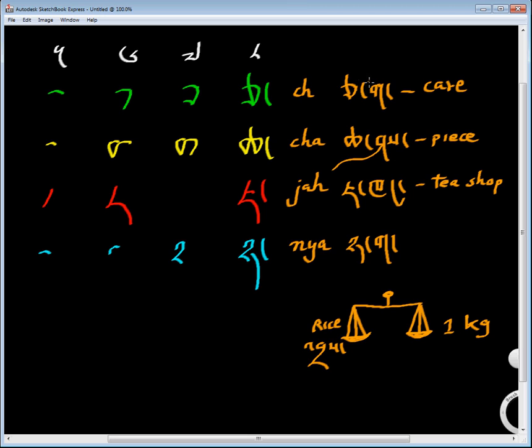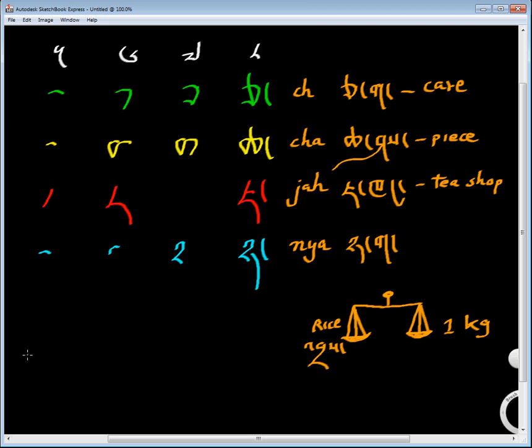Okay, now let me give some other examples. For ja, we could also say jalak. That's another common example. I don't know where I should write it, maybe at the bottom.